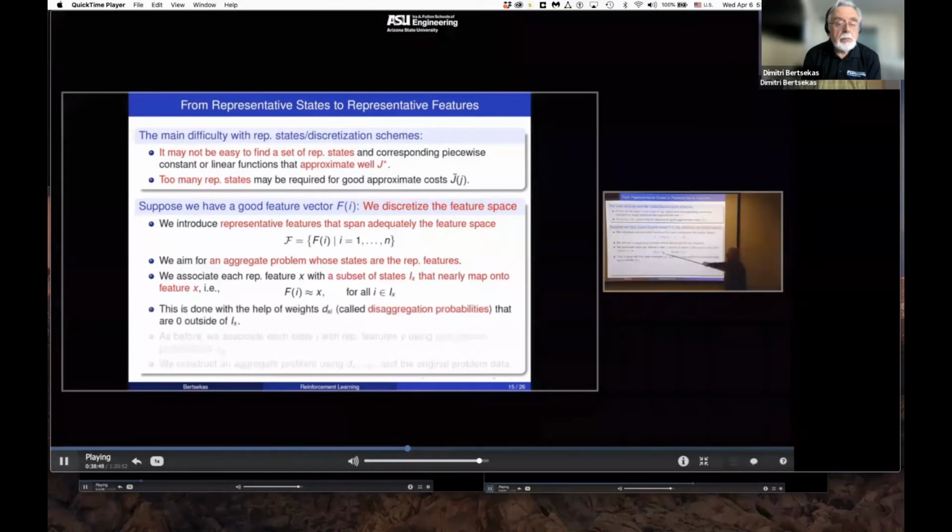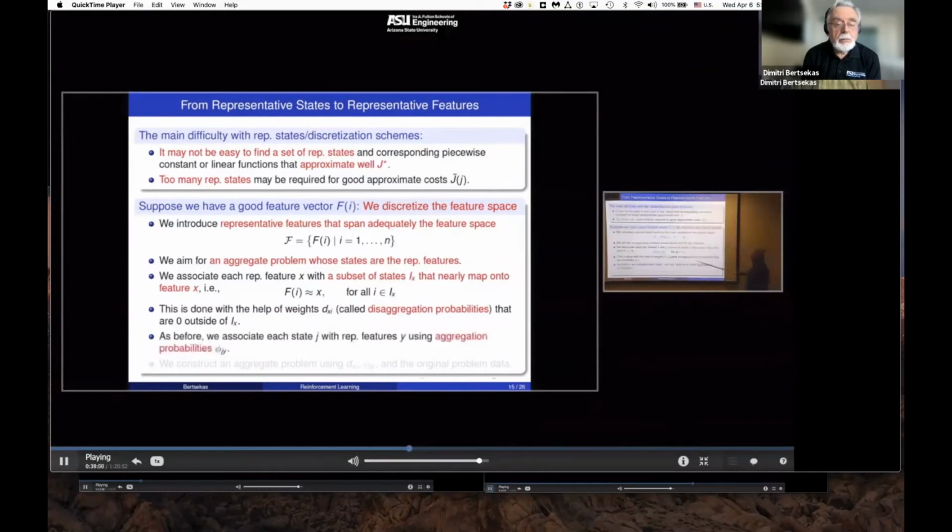And this relationship between states and their features and representative features is done with the help of some weights, which we call disaggregation probabilities. The disaggregation probabilities roughly say how close the state i is to the representative feature x.